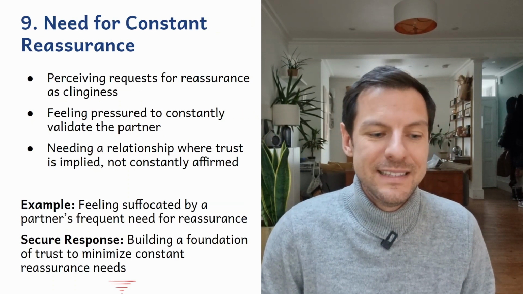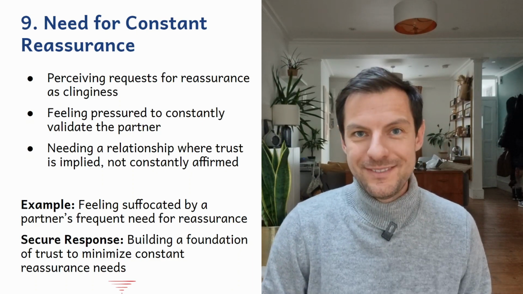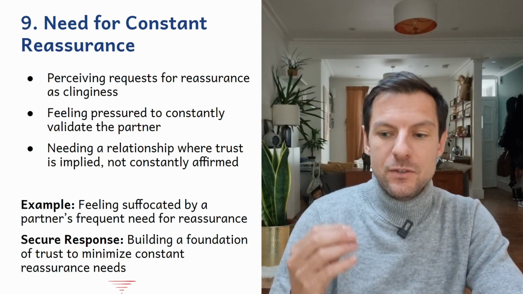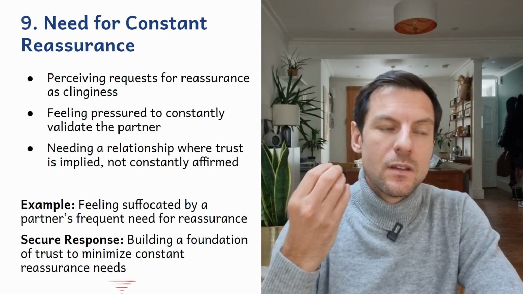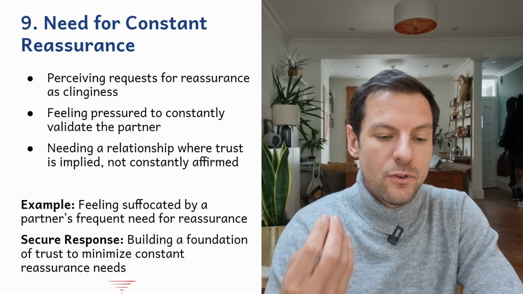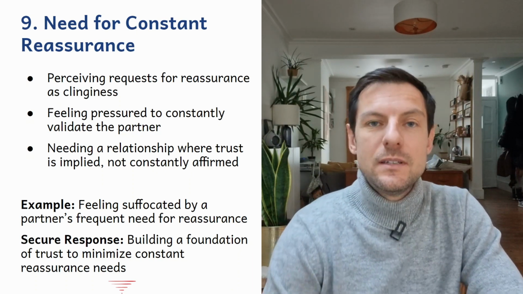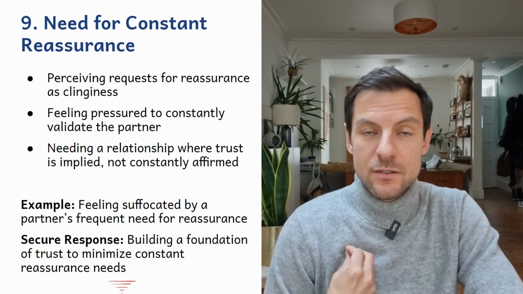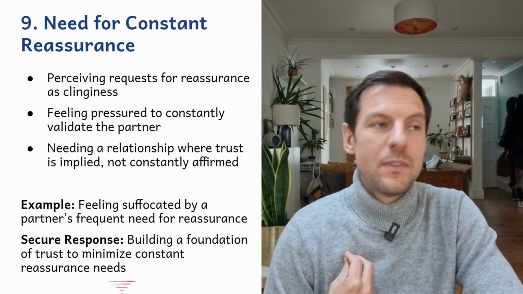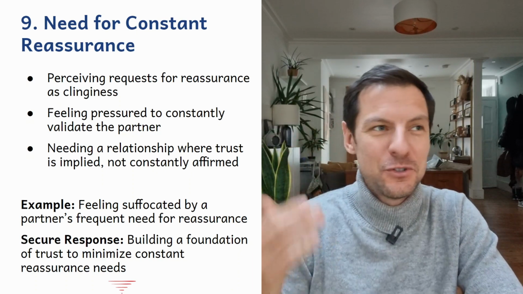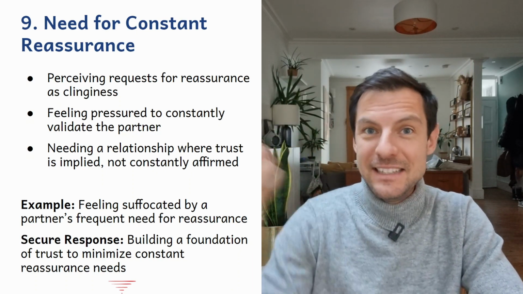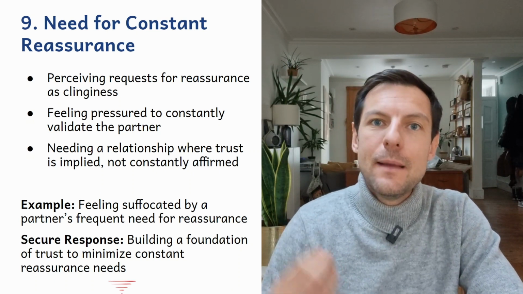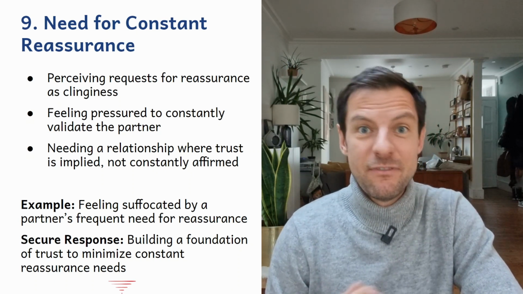9.1 is the constant need for reassurance. It is typical of the avoidant-anxious dynamic because the request for reassurance seems like clinginess, like neediness. As an avoidant, they would think, unconsciously, when I was a kid, I didn't get any validation or reassurance, and I managed to grow up fine.